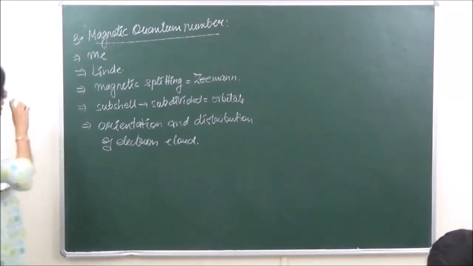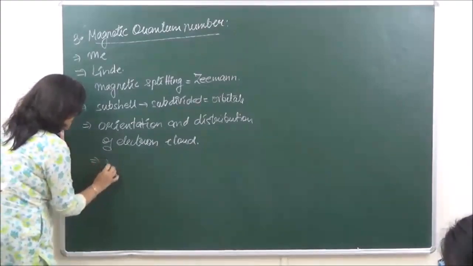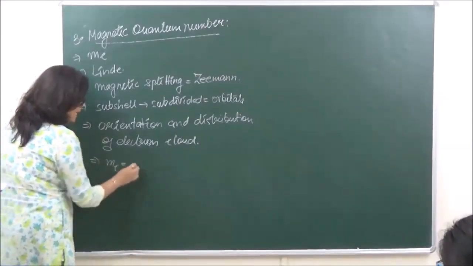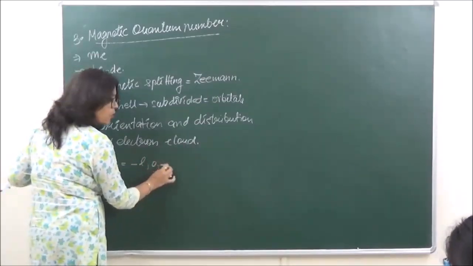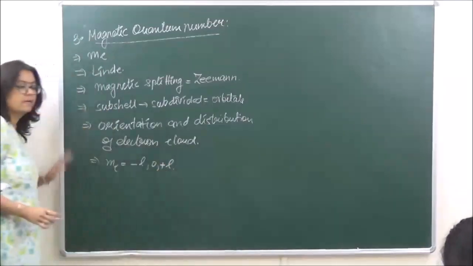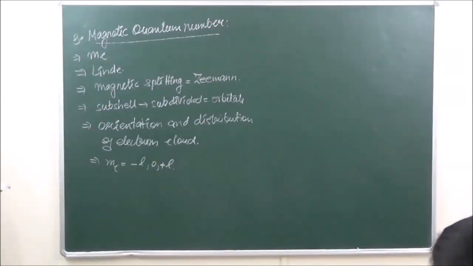Clear? Now the value of ml ranges between minus l, 0, and plus l. Okay? ml is equal to minus l, 0, plus l.